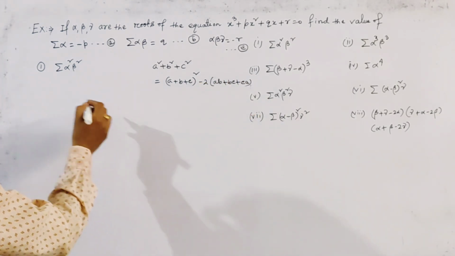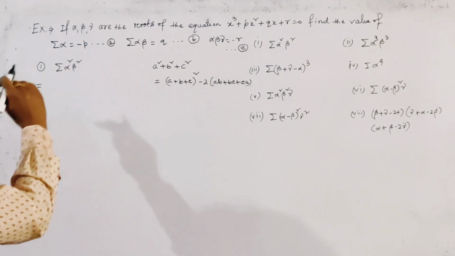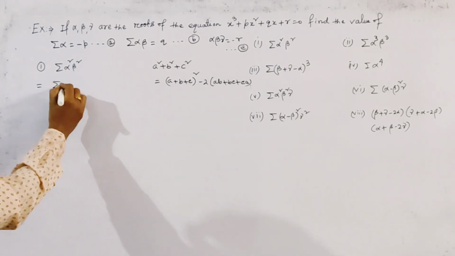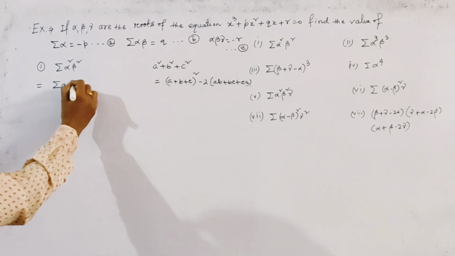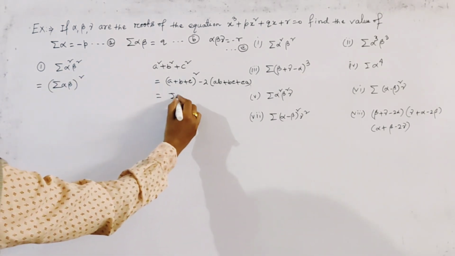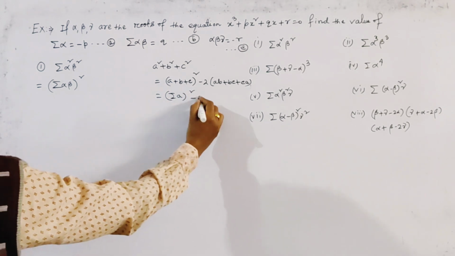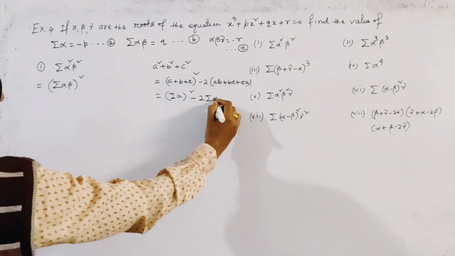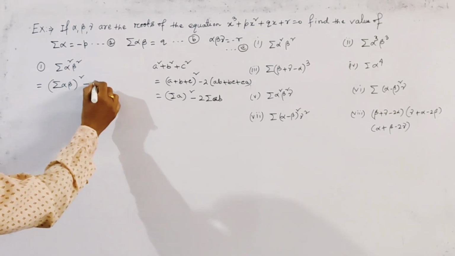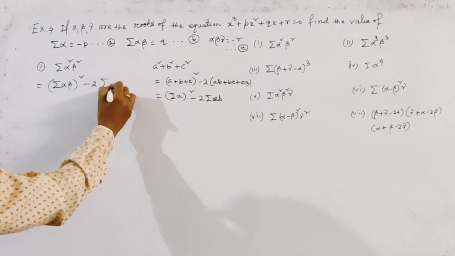So using this, we write it in summation notation: summation alpha beta whole square is summation a whole square minus 2 into summation ab.